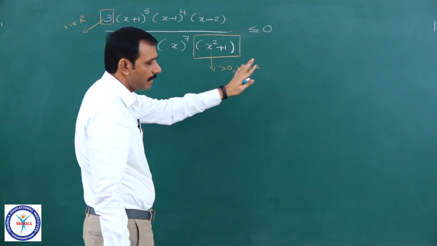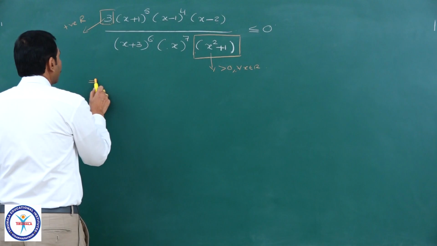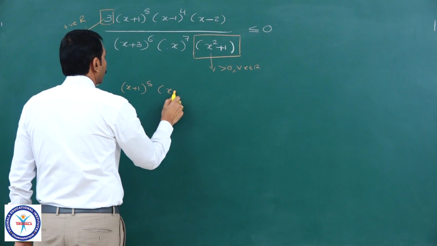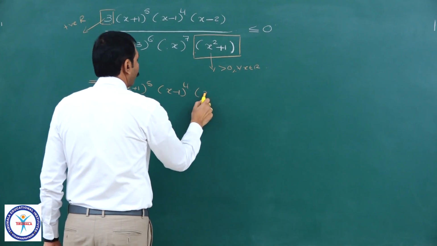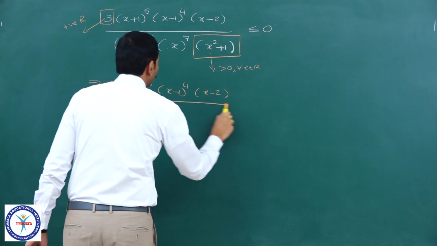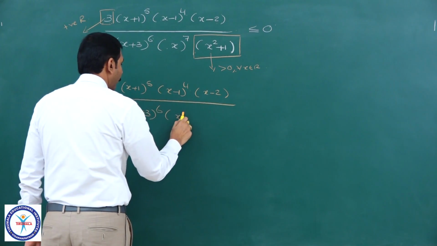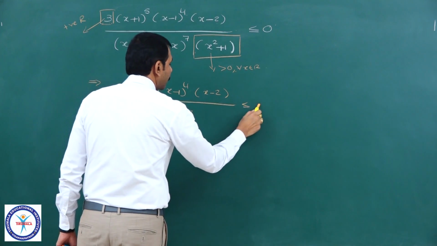Numerator complete, this is less than or equal to 0 implies I can say (x + 1)^5 (x − 1)^4 (x − 2) / ((x + 3)^6 x^7) should be less than or equal to 0.